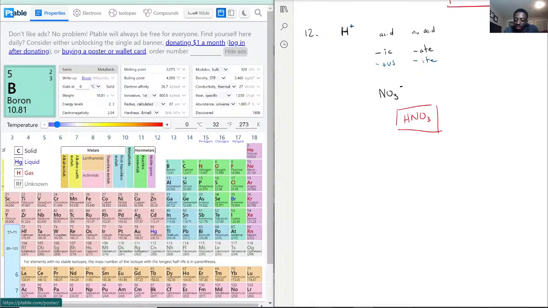Things like that you have to memorize. This one will be considered the full one, and this one will be minus one oxygen. As an example, NO3 is the -ate, and NO2 is an -ite.